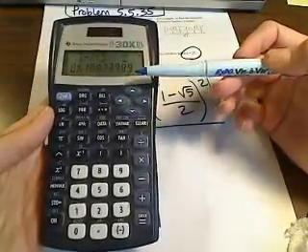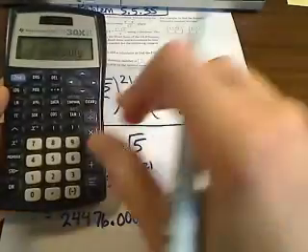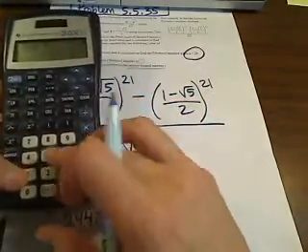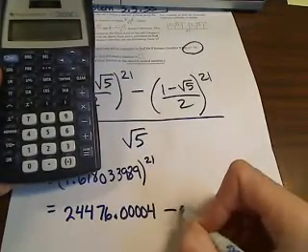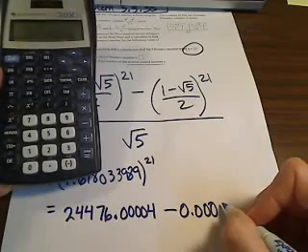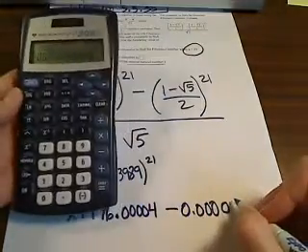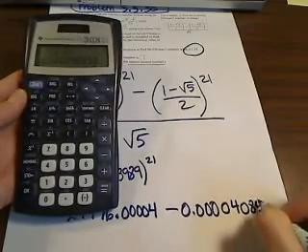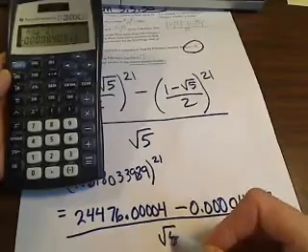So you get 0.618033 and so on. And then again, we're going to take that to the 21st power. So 21st power here, you end up getting negative 0.0000 with four zeros, it looks like, and then 40856. We're going to take that and divide by the square root of 5.